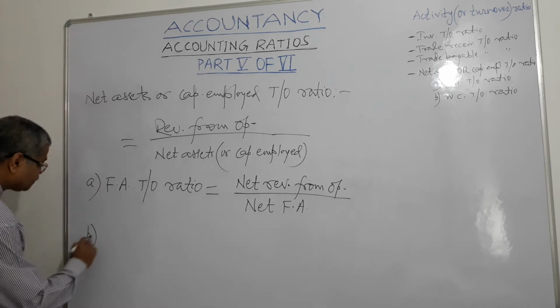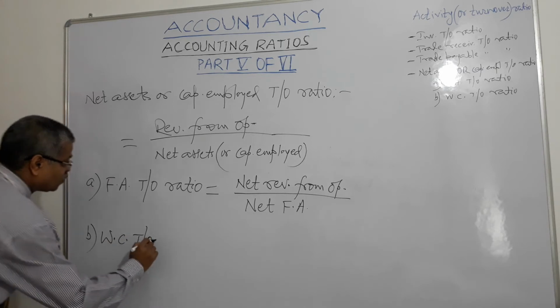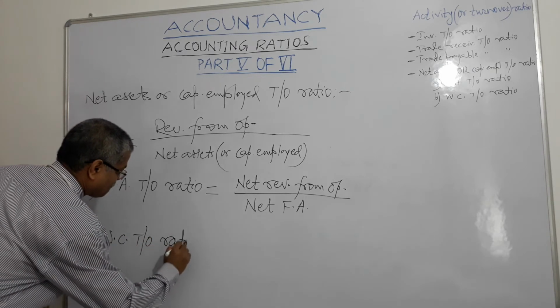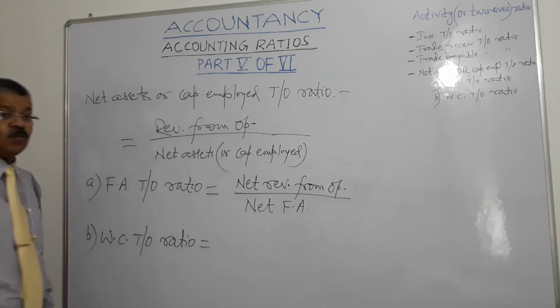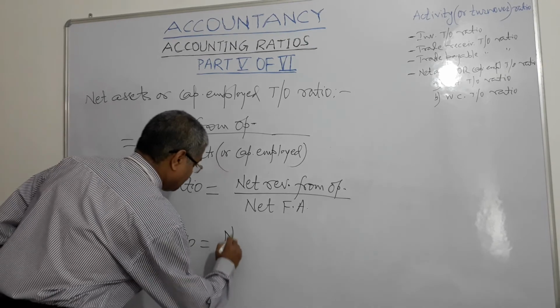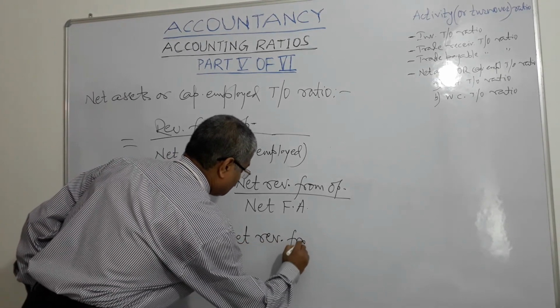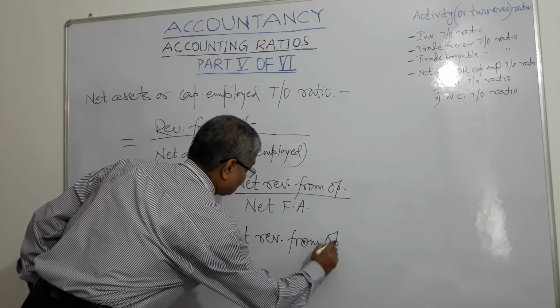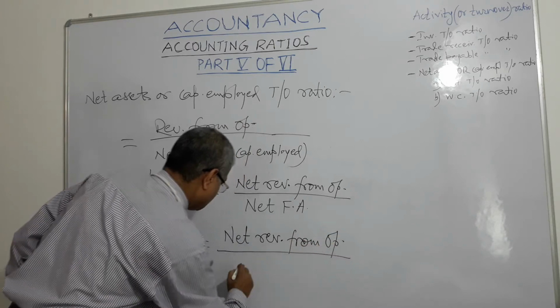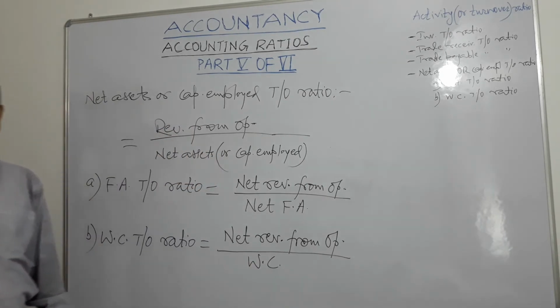And B is working capital turnover ratio: net revenue from operations upon working capital, right?